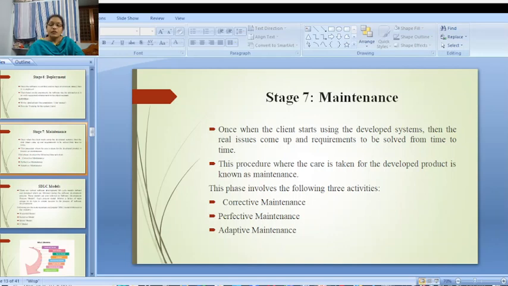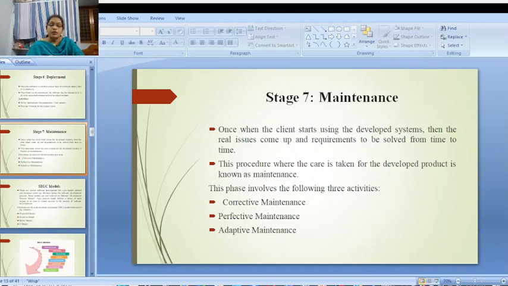Coming to corrective maintenance: correcting the errors that were not discovered during the product development phase. In the development phase, maybe such errors are not found, so to correct those errors we use corrective maintenance.